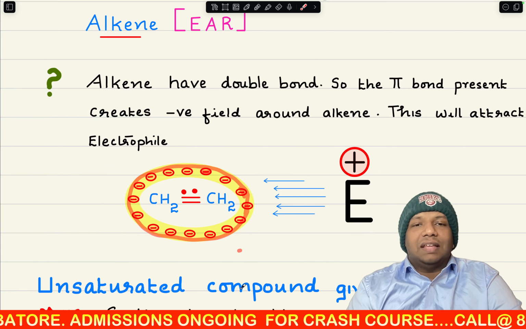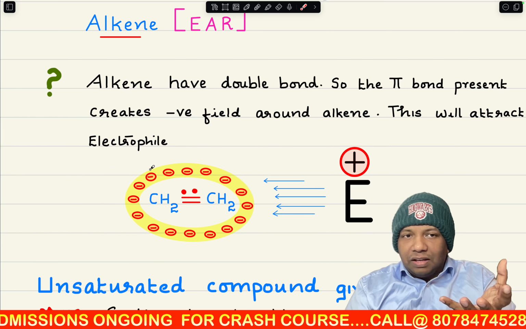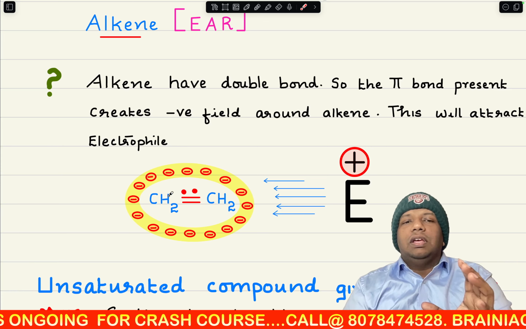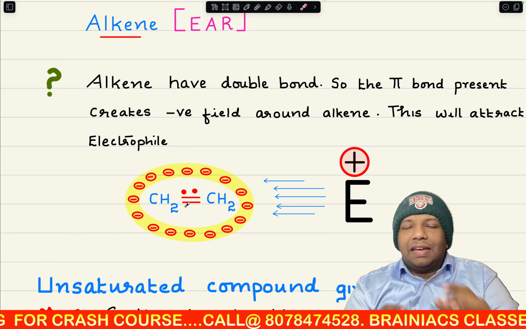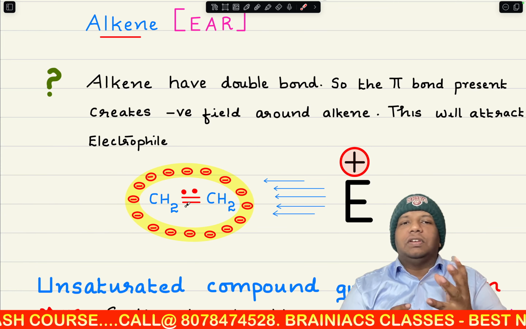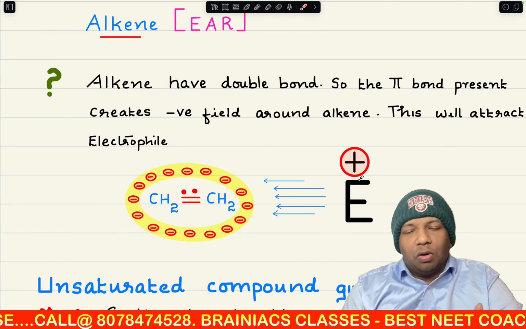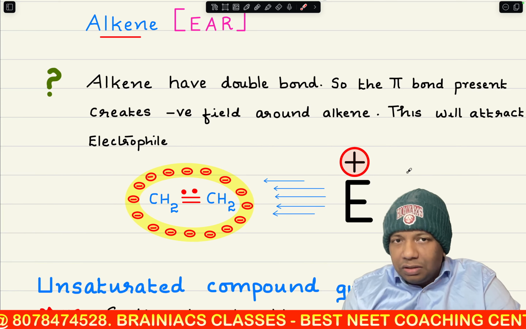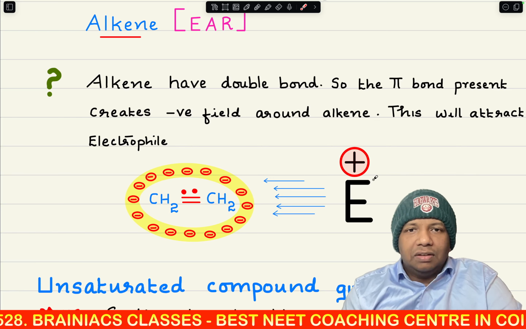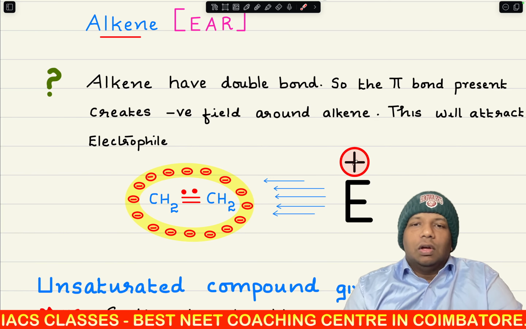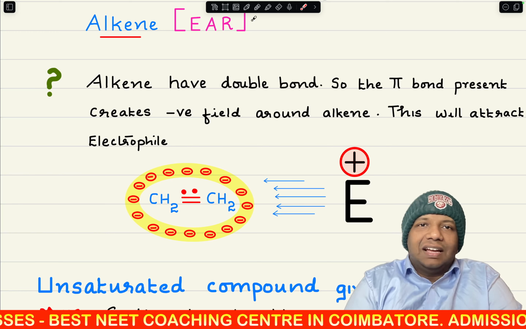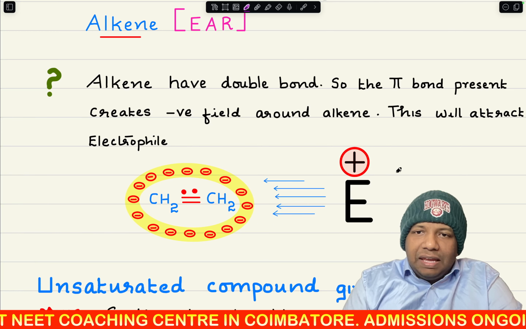If a negative field is present around the compound, surely oppositely charged species will come near to that. In organic chemistry, the opposite of negative is positive. So a positively charged attacking reagent is called my electrophile.